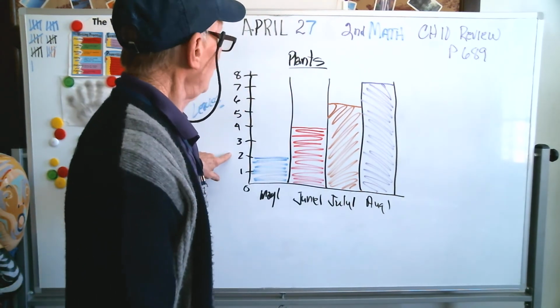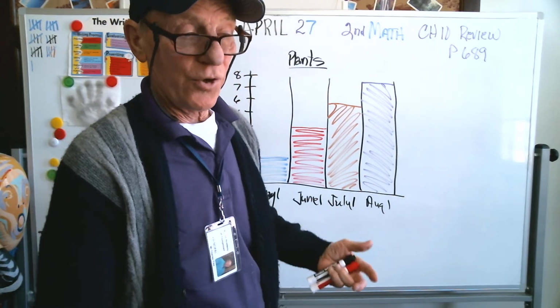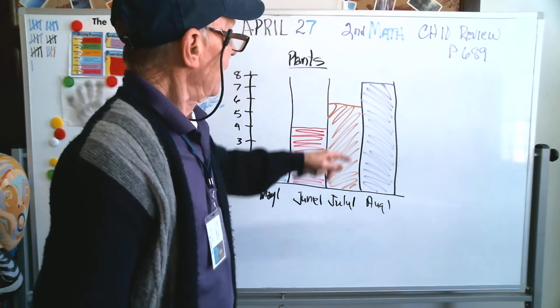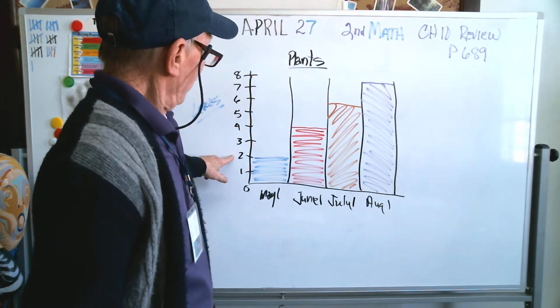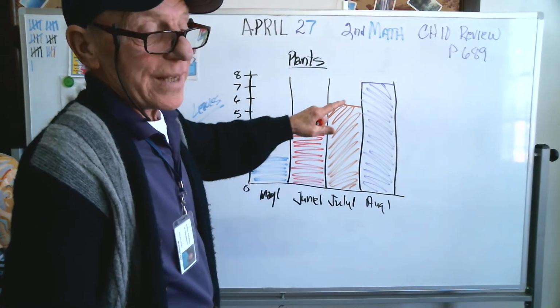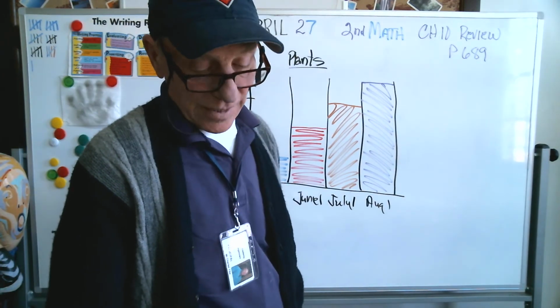It went from 2 to 8. So it grew 6 new leaves. Everybody understand it? 1st of August, it had 8 leaves. 1st of May, it only had 2. Subtract the 2 from the 8, and it tells you that it increased by 6 leaves.